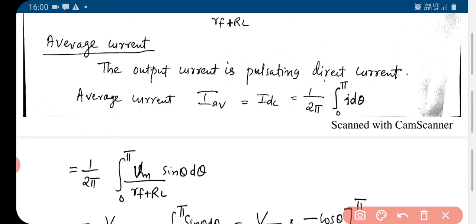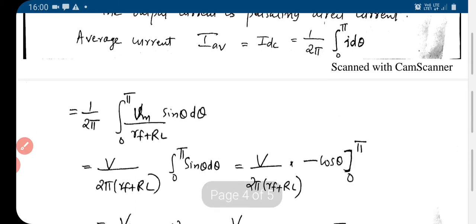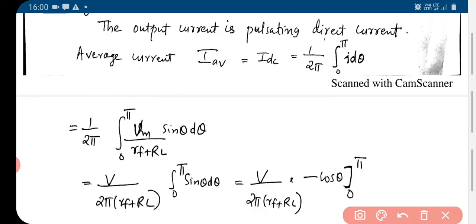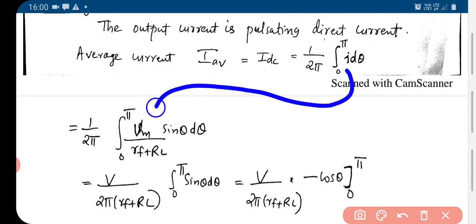The average current, that is I DC, is 1 by 2 pi, integral 0 to pi of I sin theta d theta. Here I is Vm by Rf plus RL, when the diode is forward biased, that is the positive half cycle.